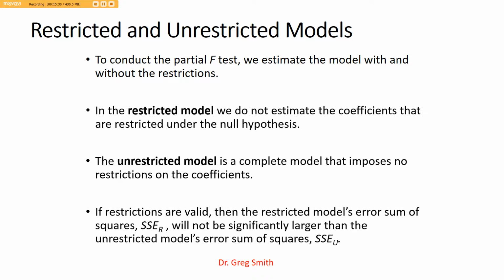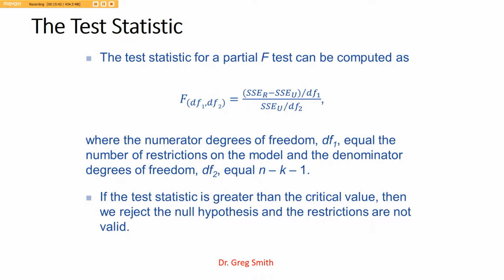And with this, as you can read, the restricted model's error sum of squares will not be significantly larger than the unrestricted if the restrictions are valid. That means we can get rid of them. So what we'll do is take a look at the SSE of the restricted minus the SSE of the unrestricted. It has a measure of degrees of freedom, where the numerator degrees of freedom is the number of restrictions. So if you have 3 and you're restricting 2, that number's 2.